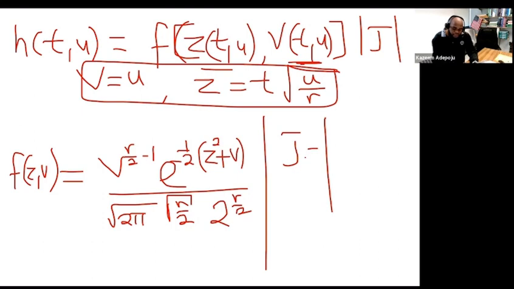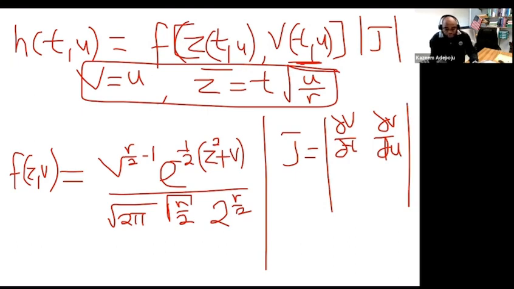My Jacobian is going to be the derivative of v with respect to t, and the derivative of v with respect to u. Then I'm also going to do the derivative of z with respect to t, and z with respect to u.